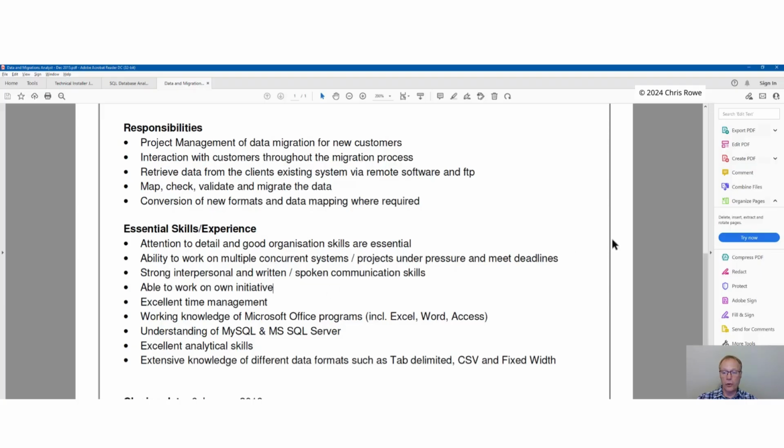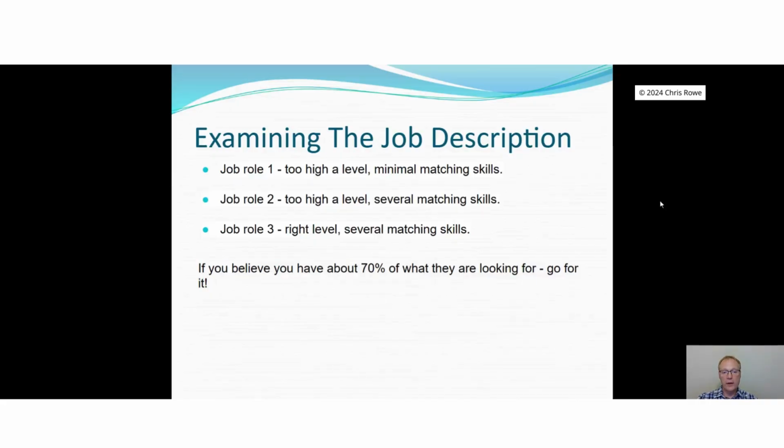So that's the role that I did get, and it was a very basic entry-level role. As you can see, there's no years of experience that they're after. They were simply after the right person to work in their team. And once you're there, they'll train you up and teach you all the bits and pieces you need to do that job. So that's about it for those different job descriptions.